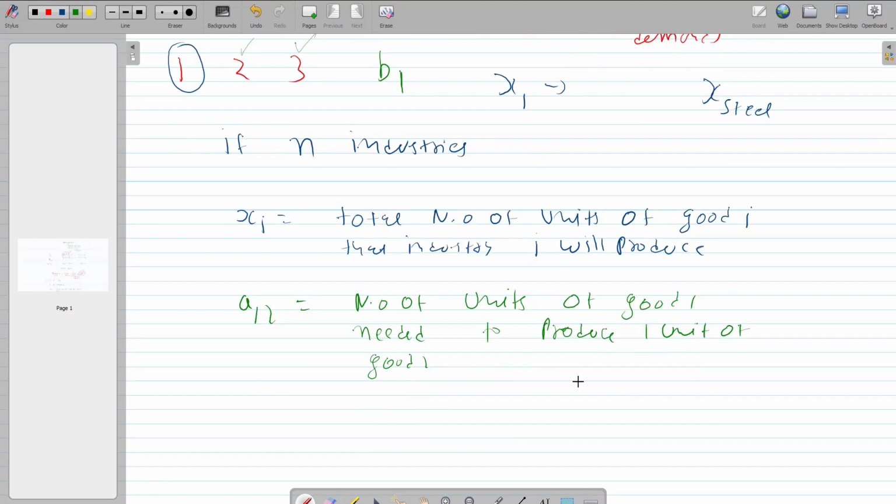So how many units of this particular good one are needed to produce just 1 unit of good two?